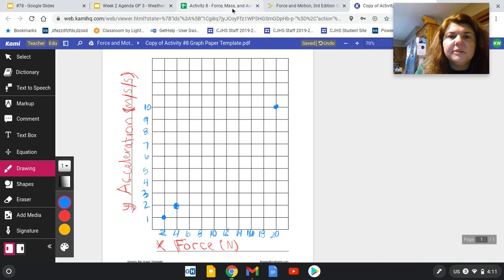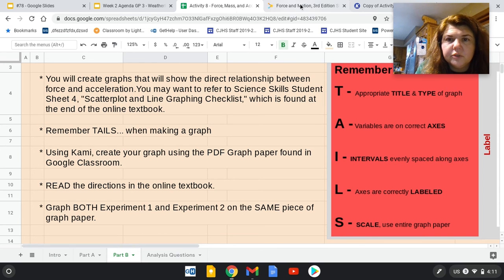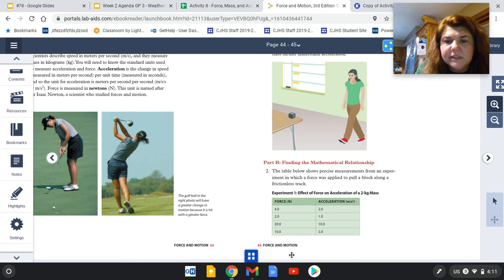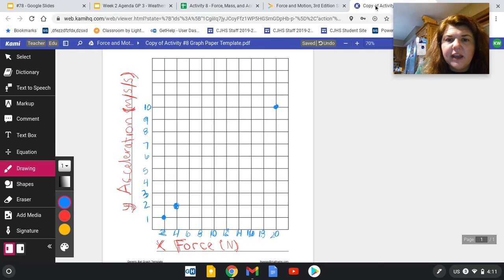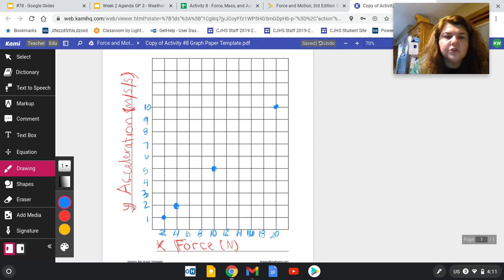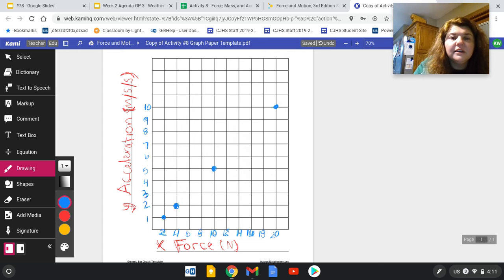And then our last piece of data for experiment 1 is 10 newtons, and the acceleration is 5. So here's 10, and I follow it up to the 5, and I put my dot right there. And then I'm going to draw a line that best fits all those dots.